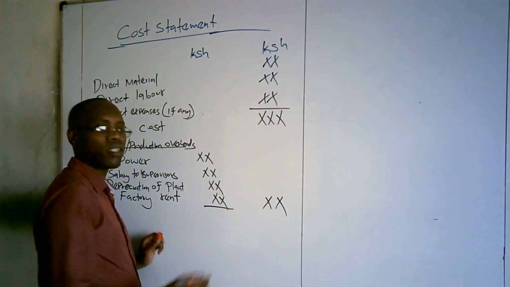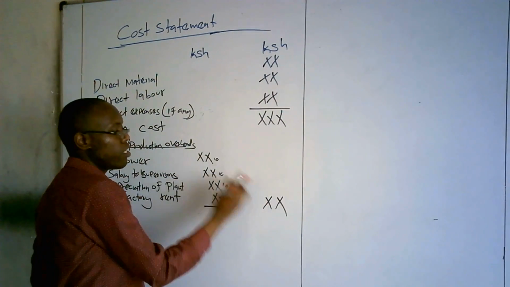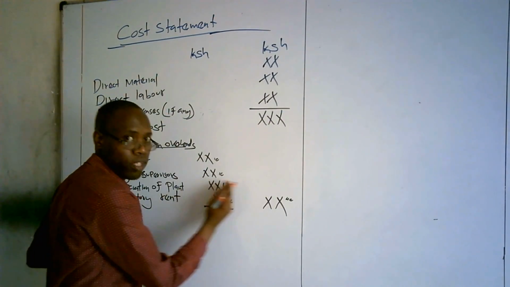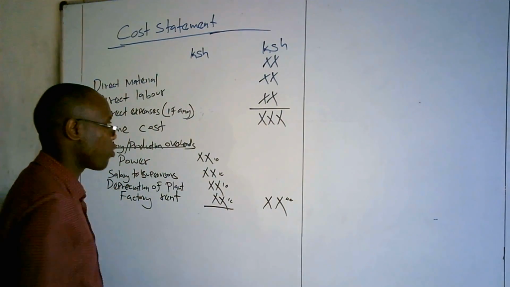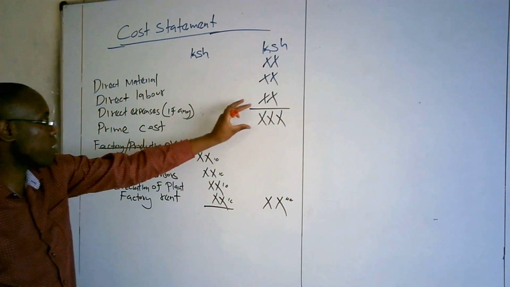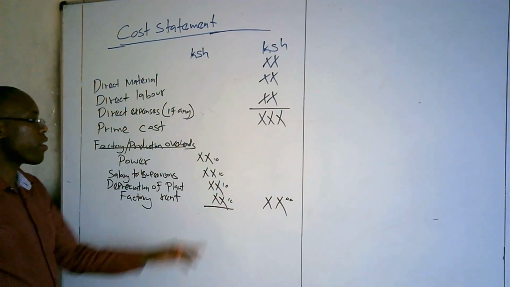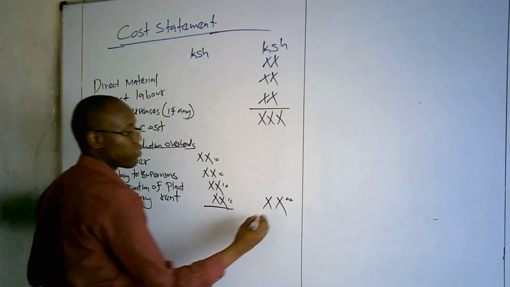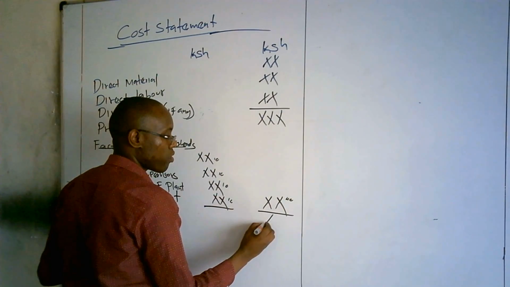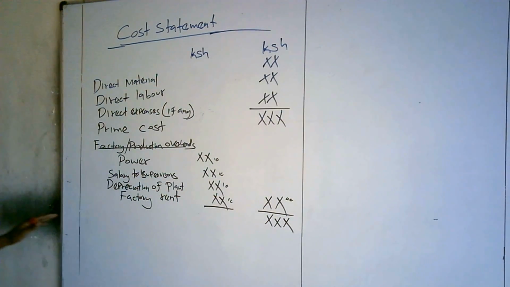In the sense that if this was 10, and this is 10, and this is 10, and this is 10, that is 40, you bring it to the far end so that it can be added together with the prime cost. So we're going to take the prime cost plus the total factory overheads. So you add it, and you are going to have the cost of goods manufactured.